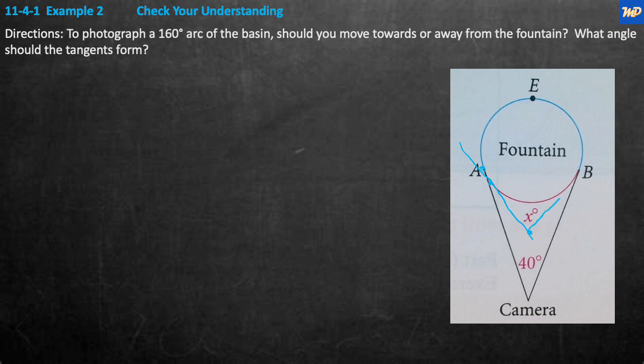It would go up here, and it would touch here as opposed to here. So that means that this angle is getting smaller as you move closer. As you move farther away, they would tend to go up the side of the circle or the fountain. So moving away, A-W-A-Y, that's part A's answer. Move away to get a bigger area of the front arc of that fountain.